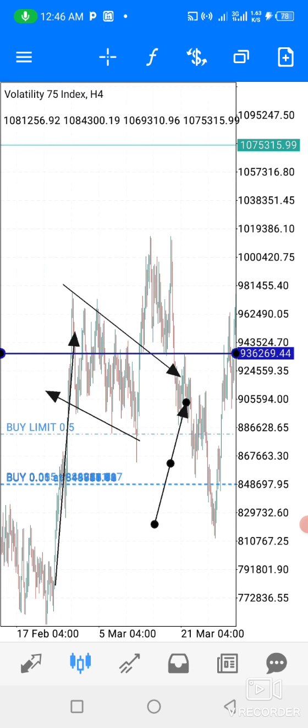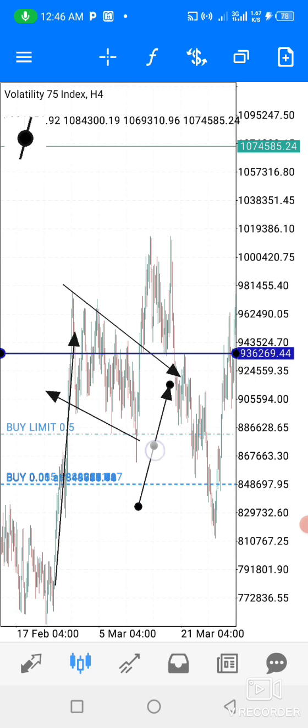I didn't talk about how to get a buy signal during an uptrend. Are you getting it?